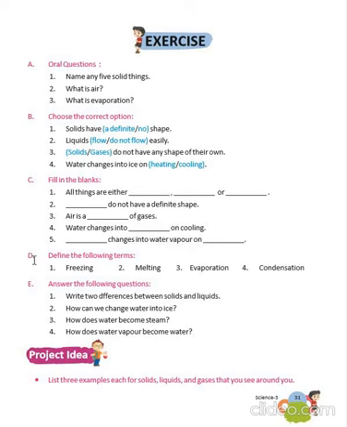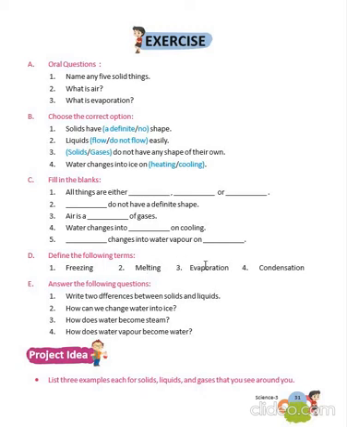Now come to D. In this we have to define the following terms: freezing. The process by which a liquid changes into solid on cooling is called freezing. Now, what is melting? The process by which a solid changes into liquid on heating is called melting.